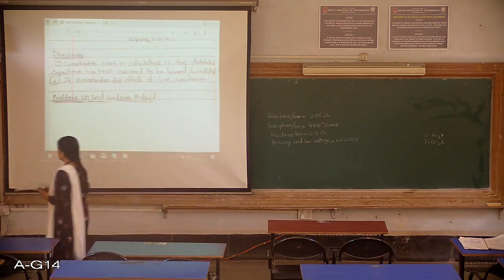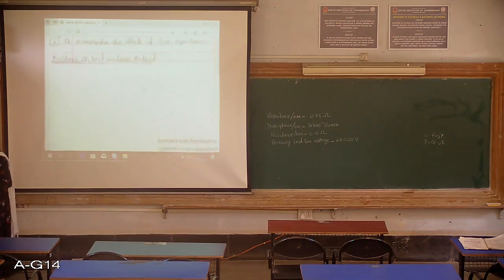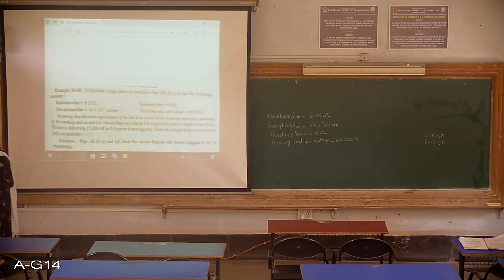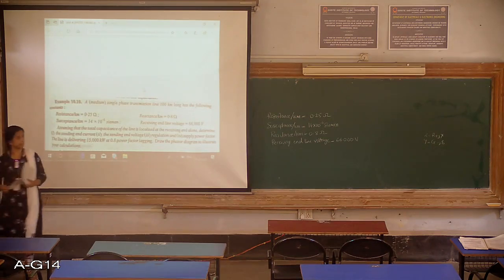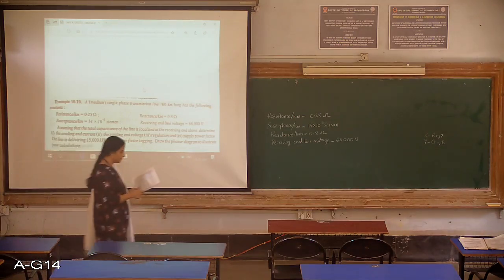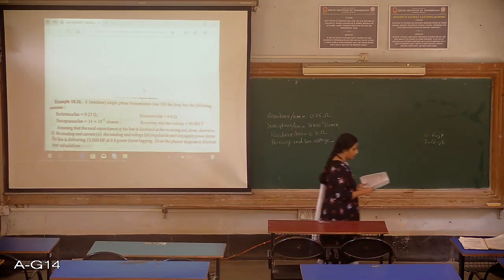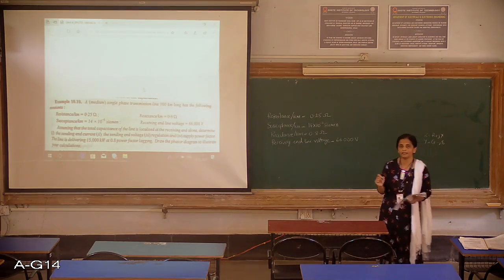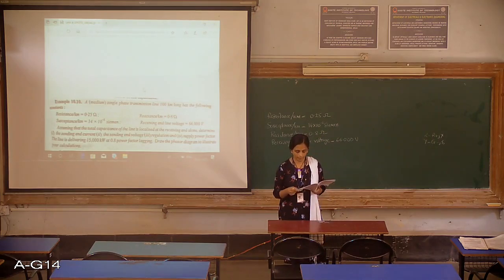I will just display the problem for you here. Simultaneously you can see it. Yeah, this is the problem. I have displayed it here. Assuming that the total capacitance of the line is localized at the receiving end alone. That means, indirectly they are telling you that it is the end condenser method.